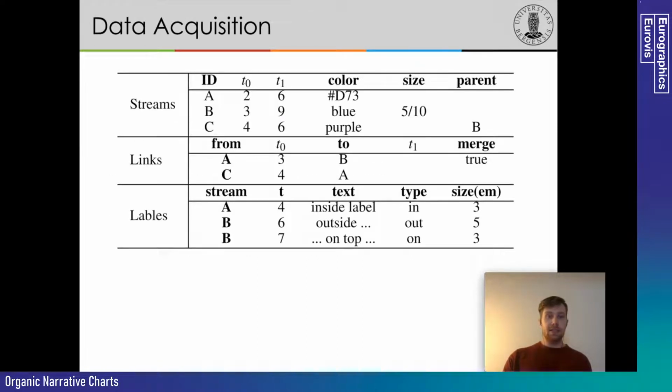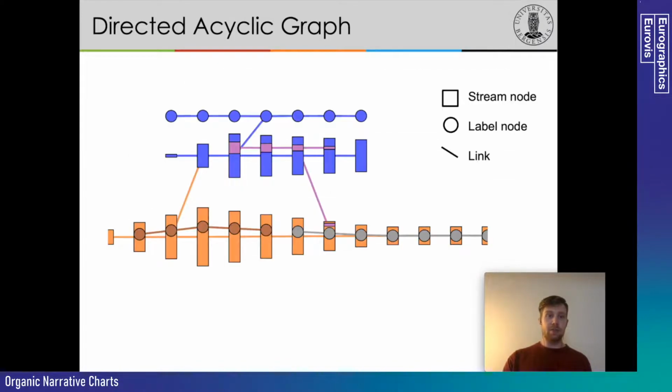Here we can see that all the elements of Ward Shelley's work can be represented in a CSV format. Based on this data, we will create a graph, which looks something like that. As we can see, for a stream, we have the rectangular nodes. We show one node per time step of the stream, and they are connected via links. This allows us to apply forces between the nodes.